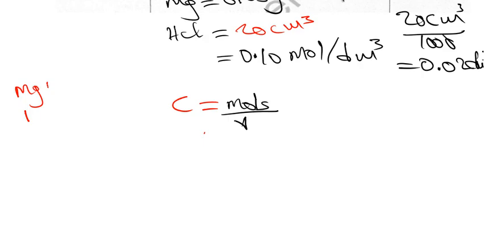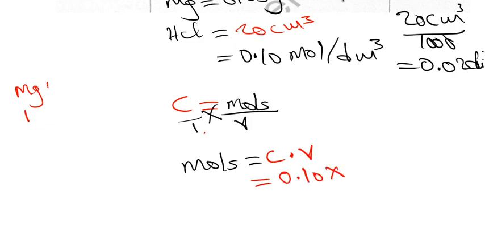So we can just make moles the subject. Moles is equal to concentration multiplied by volume. From our data given, our concentration is 0.10 multiplied by our volume, which is 0.02.